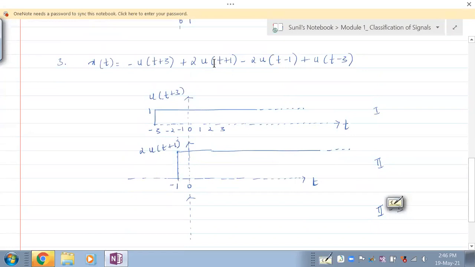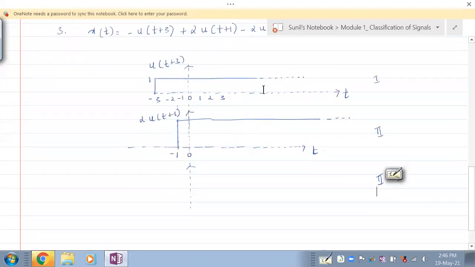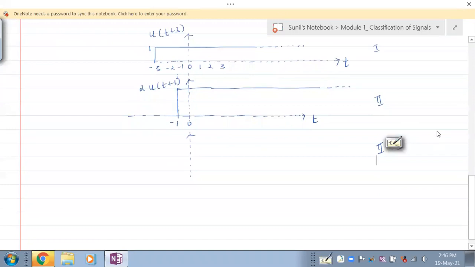Understand why? 2u of t plus 1 is here, minus u of t plus 3 is what we have taken here. So u of t plus 3 needs to be subtracted from this. So that's what I'm doing: second signal minus the first signal. Understand that? So how would that look now? Everybody just see here. How is this going to look? Just see what is going to happen now.